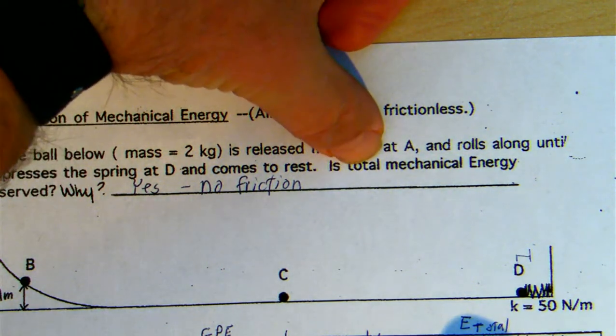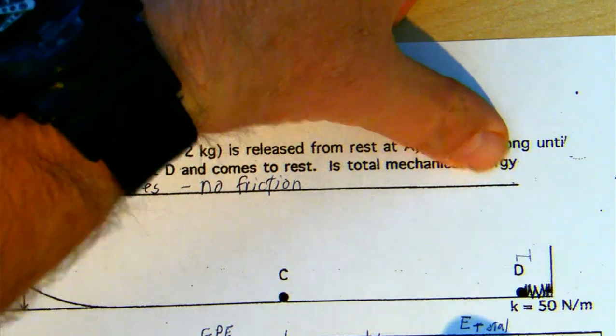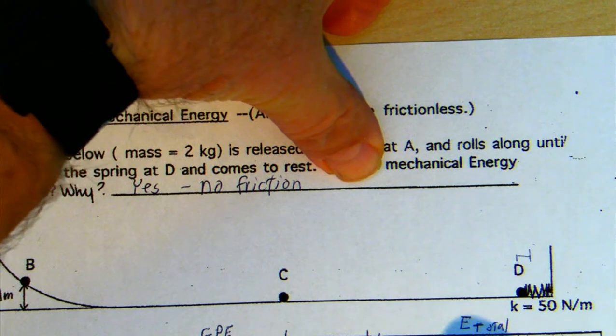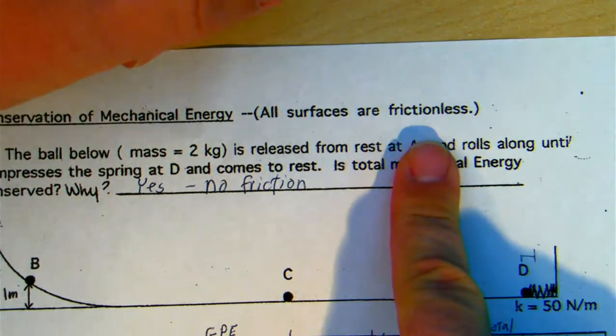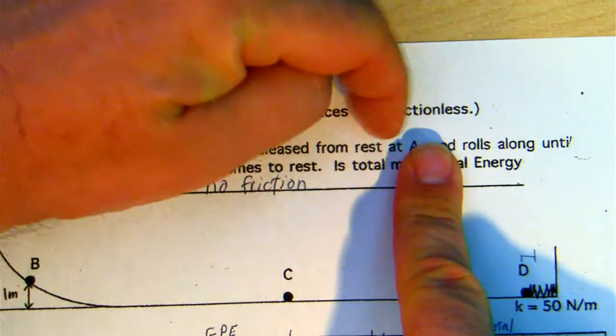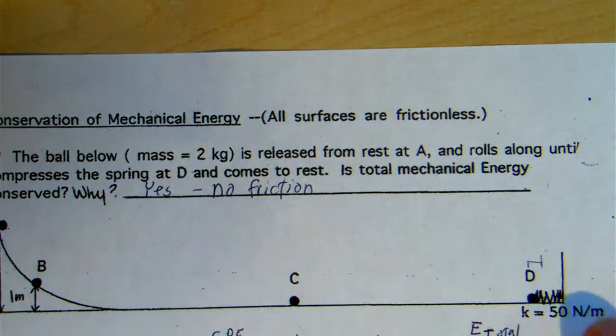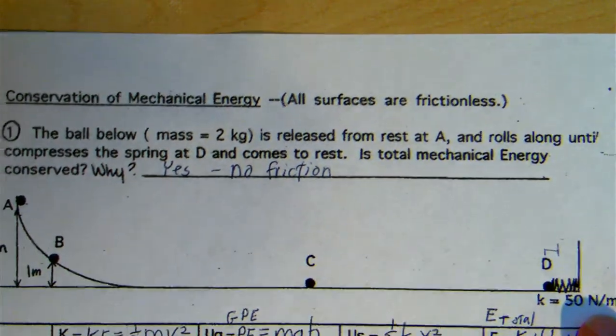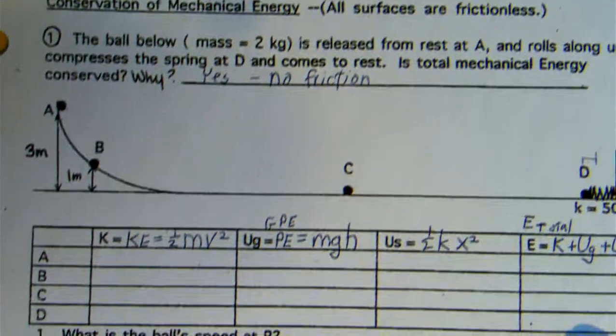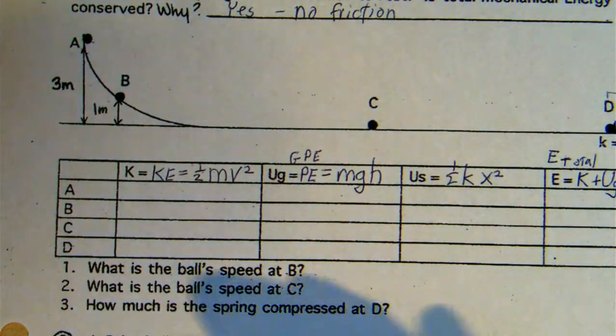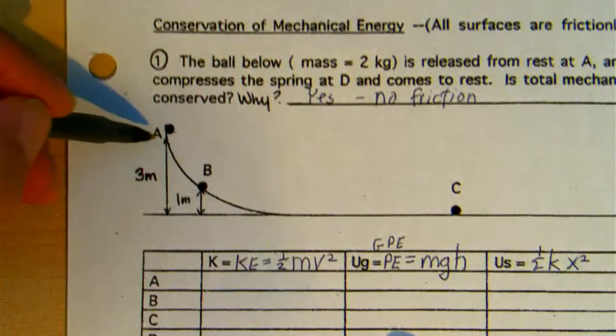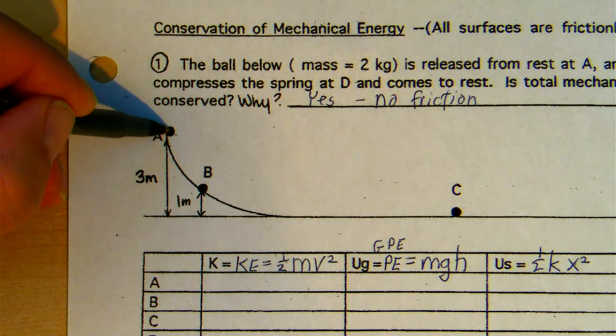So I don't really call it total mechanical energy. We either call it mechanical energy if there's no friction, or total energy if there is friction. We have to include the work done by friction. That's a separate handout.